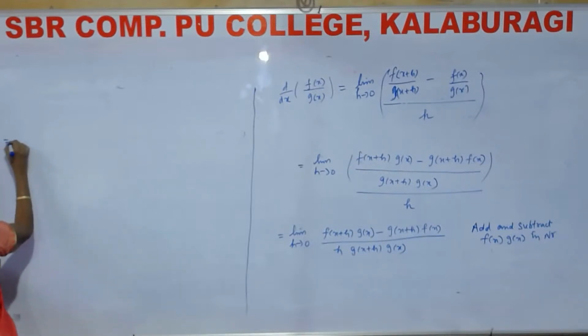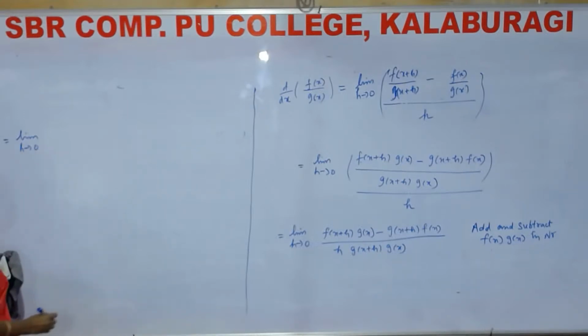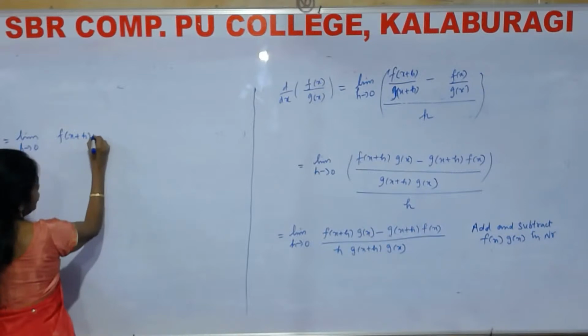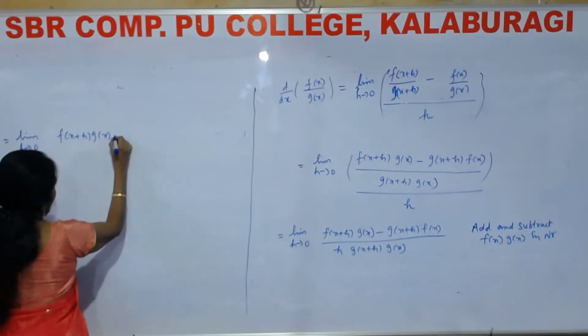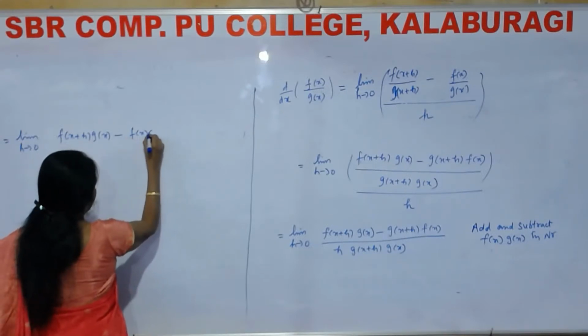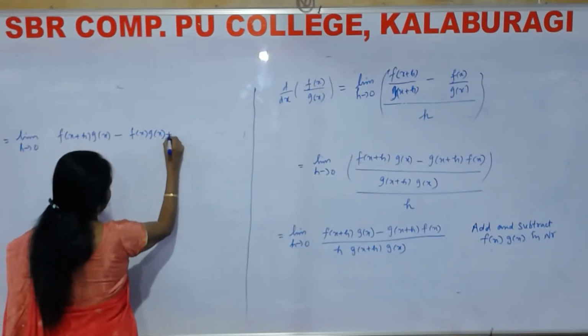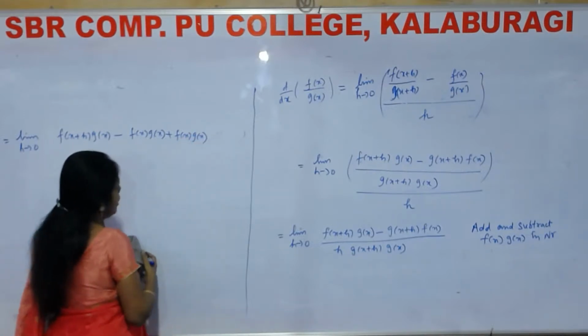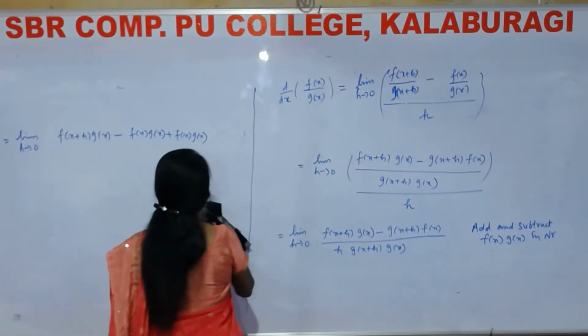Can you tell, I think some children have proved this one, right? They are doing it by themselves, I'm very happy about it. So, f of x plus h into g of x, I'm adding, and first I'm subtracting f of x into g of x, then plus f of x into g of x, okay? What is left out?